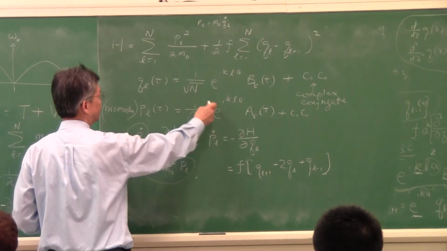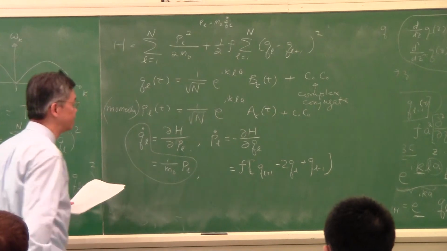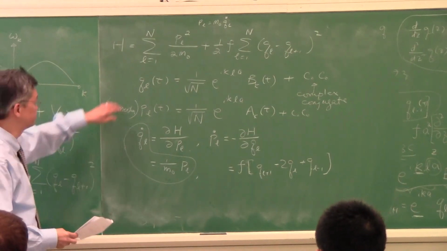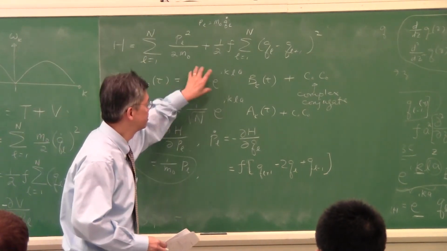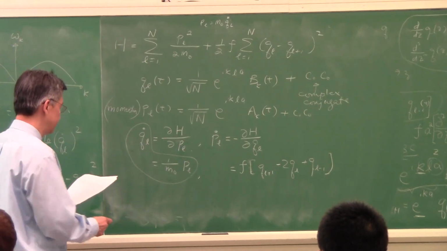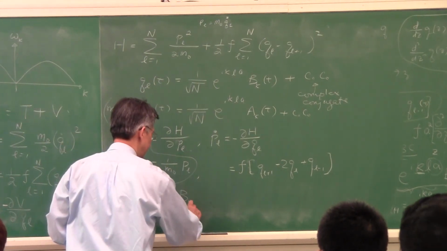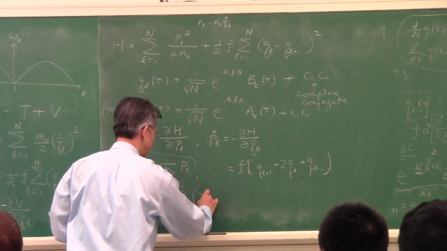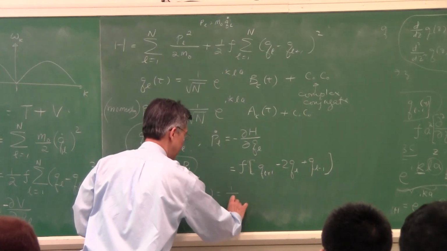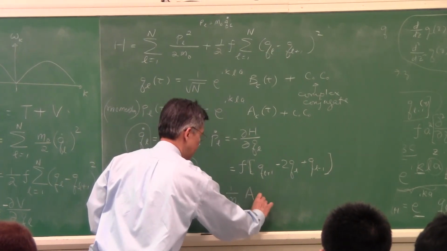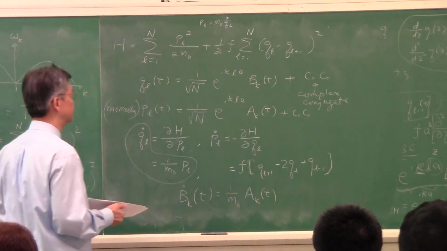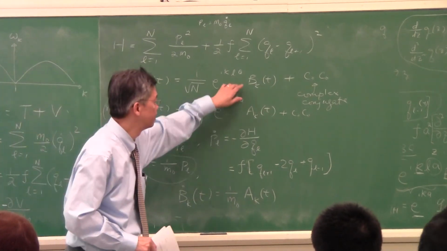And hence you can find the relationship between AK and BK. If you differentiate this with respect to time, you bring this time derivative out, and you will have BK dot(t) is equal to 1 over m naught times AK(t). You find a relationship between these two amplitudes.